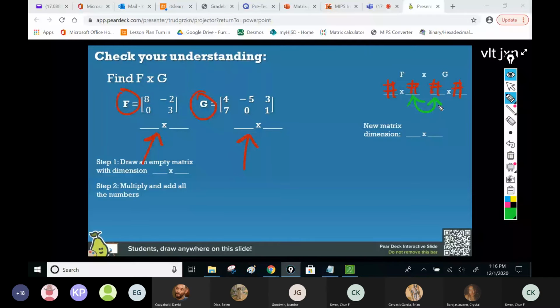If they don't match, no solution. If they match, the outer numbers will be the new matrix dimension. And then after that, I need you guys to draw an empty matrix with the dimensions that you found right here. So you have to figure out how to draw an empty matrix, whatever the size is. You figure it out, and then figure out the numbers inside, right?